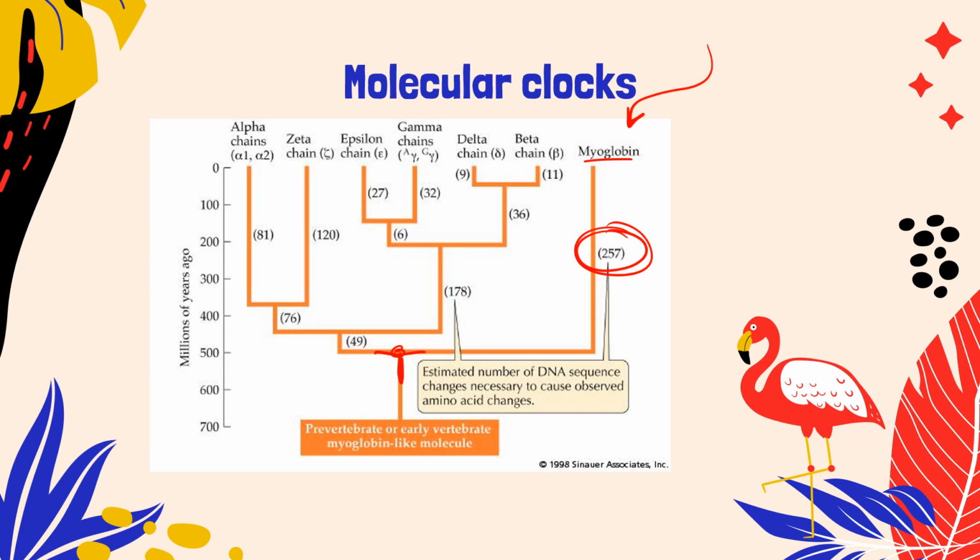And what is super cool is that we know through lots and lots of research that there's just about 10 to the minus 9 mutations accumulating in DNA per year.